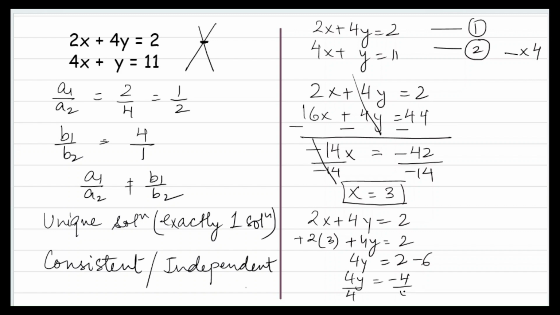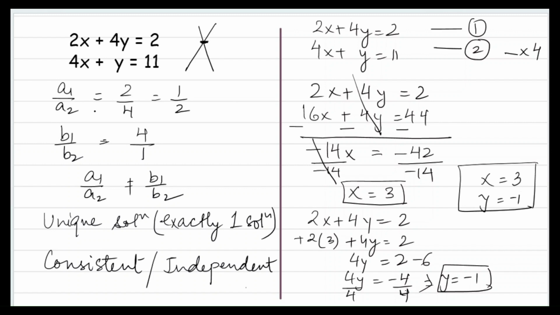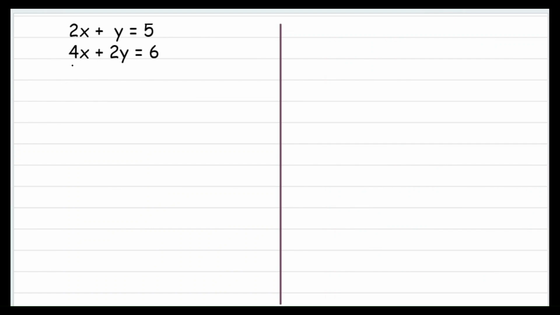Divide by 4 and I get the value of y as minus 1. So my solution is x equals 3 and y equals minus 1. And you can see that this given linear system has exactly one solution, x is 3, y is minus 1, which sometimes is written like this also.